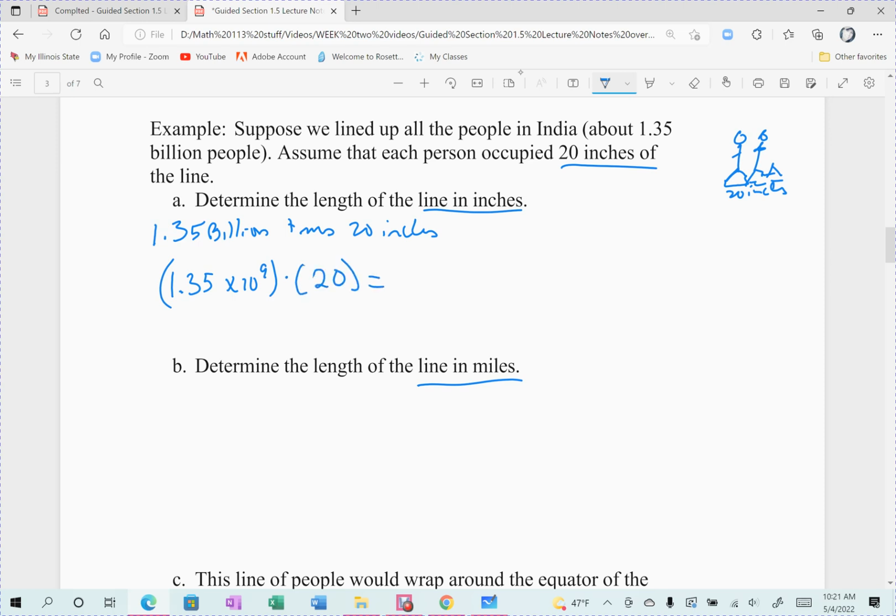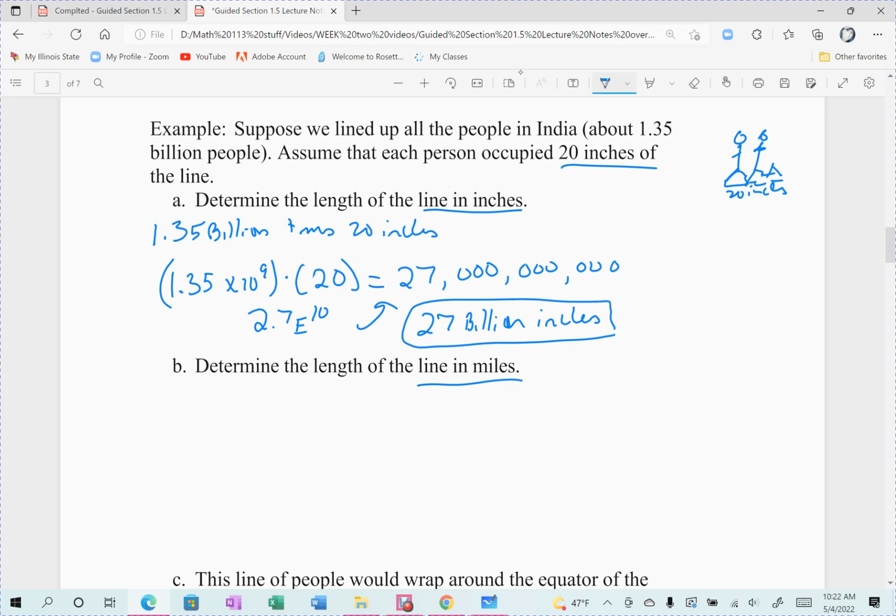All right, and as it turns out, again, depending on your calculator, it's 27 billion. Some calculators would come out 2.7 e to the 10, which again would be our 27 billion inches.